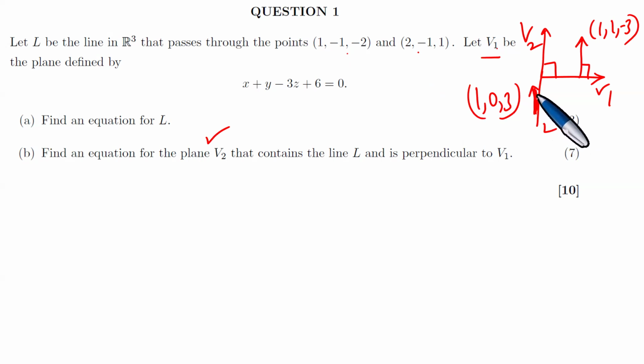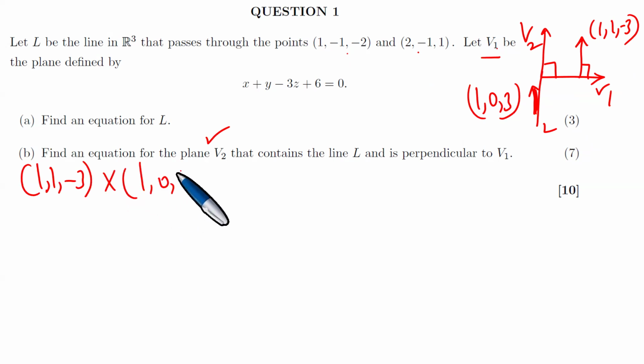Now this is interesting. We therefore have two vectors: the vector (1, 1, -3) and the vector (1, 0, 3), with i, j, k.